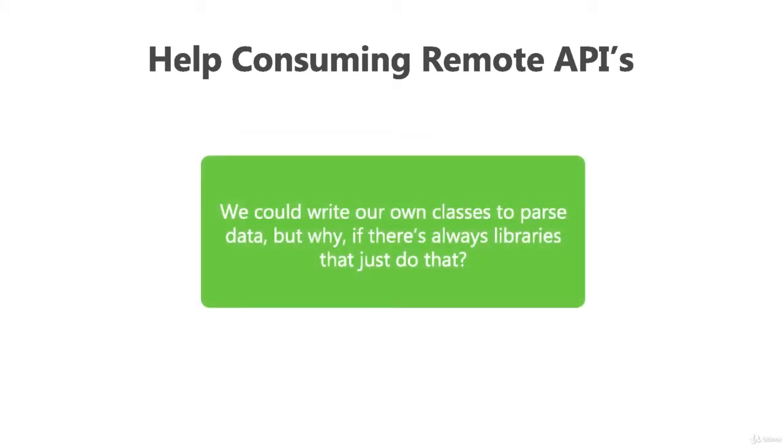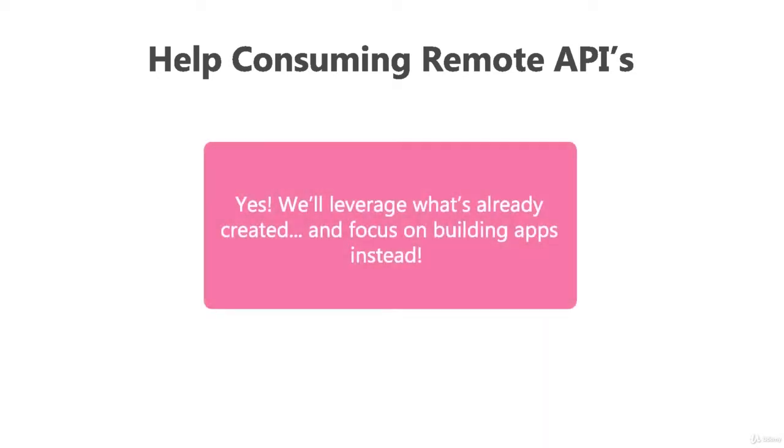Why even bother to write those classes ourselves if we can find other ways to do that by using libraries? Right. So we can actually leverage what's already created. We can use something that very smart folks have already put together, such as the Android SDK. If you think about it, the Android SDK is indeed a library, per se, okay?